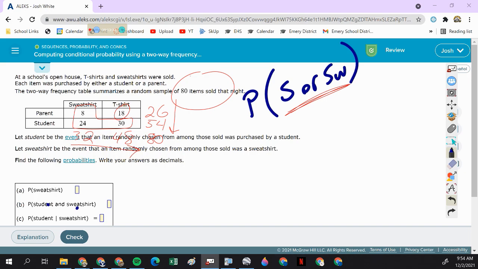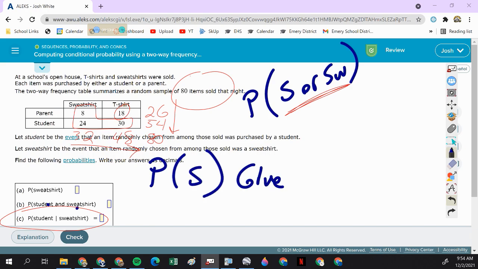Okay? Now, what does this mean? This means, what is the probability of choosing a student given that person bought a sweatshirt? That's what it means.